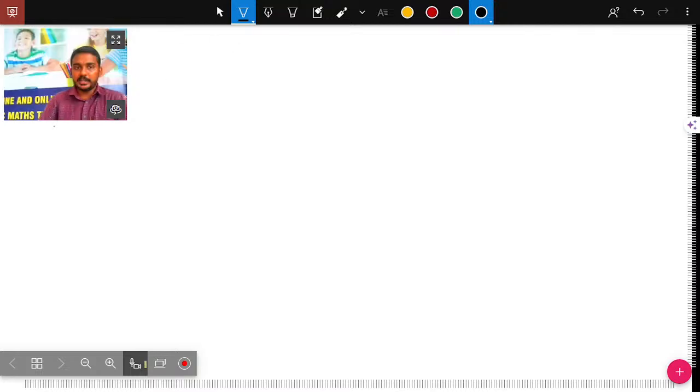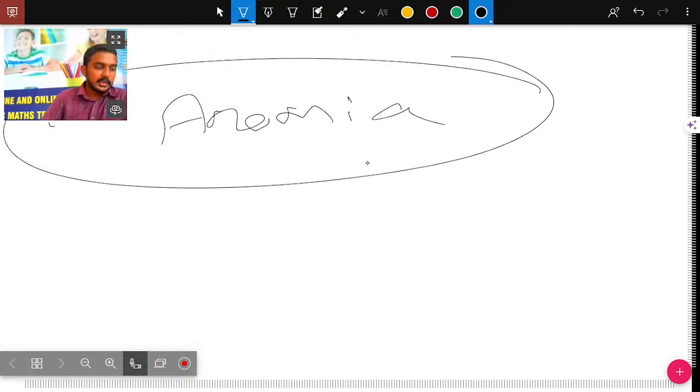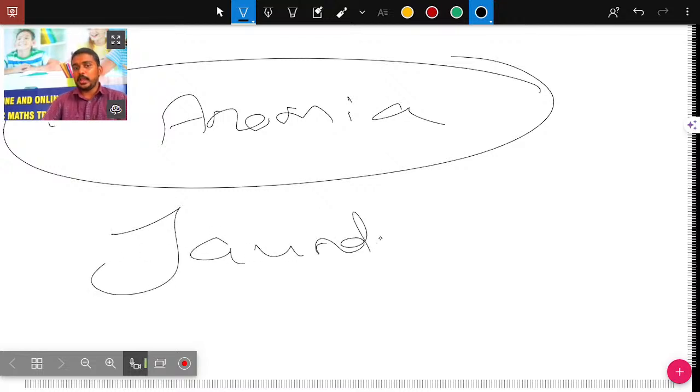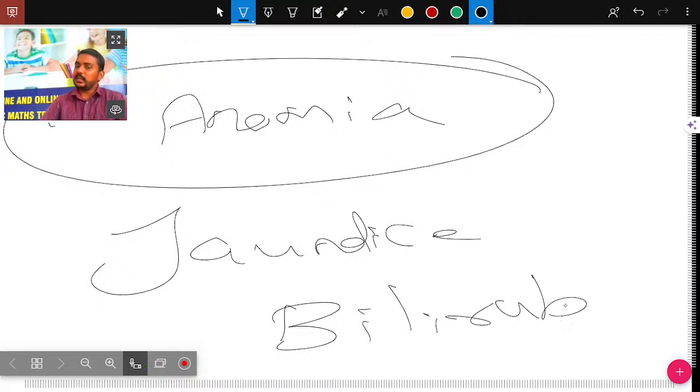First is anemia, because hemoglobin is not inside RBC, it doesn't carry oxygen, and hence anemia is manifested. Next is jaundice. Bilirubin is a bile pigment. Whenever serum bilirubin is increased, it results in jaundice.